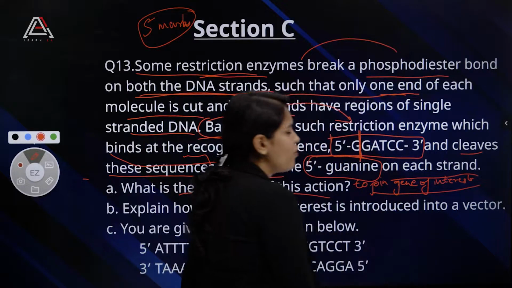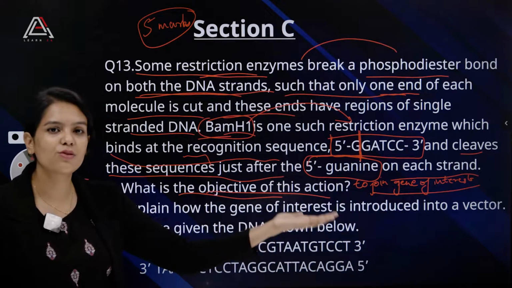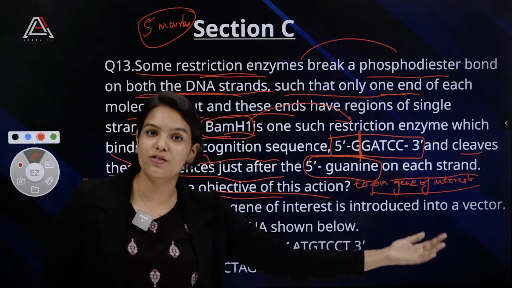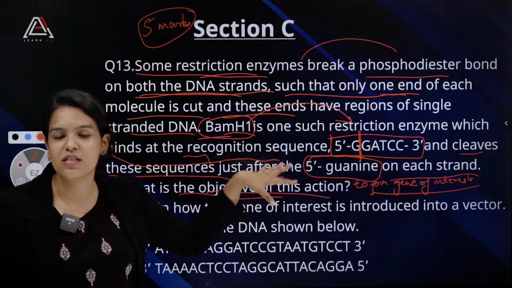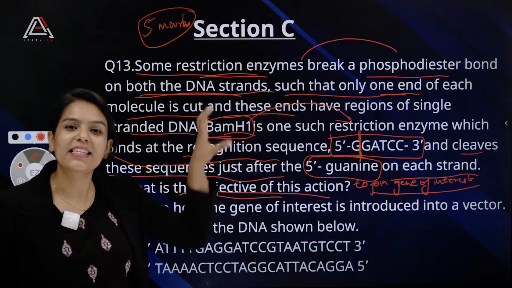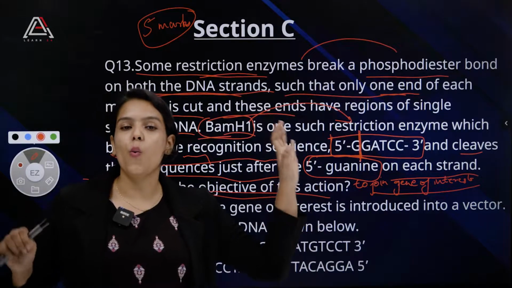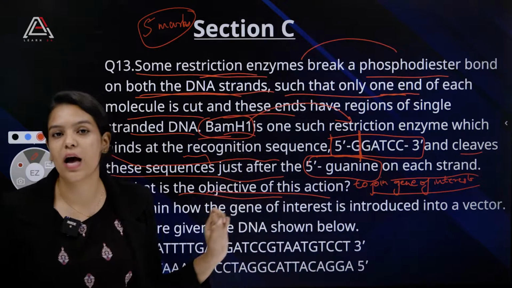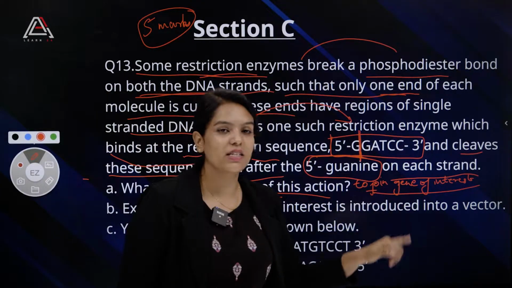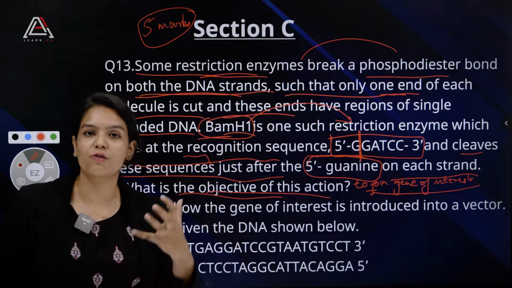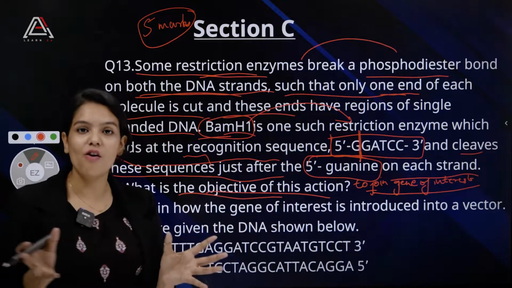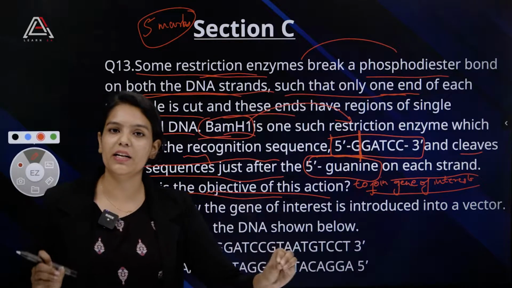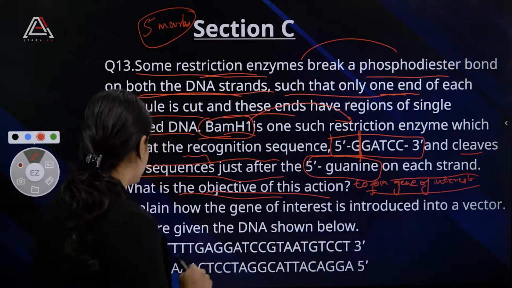You just have to mention that because we want to join the gene of interest, all of this process is happening. The main objective is basically to join the gene of interest to a particular vector or any complementary DNA strands.